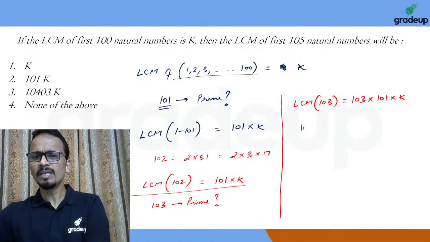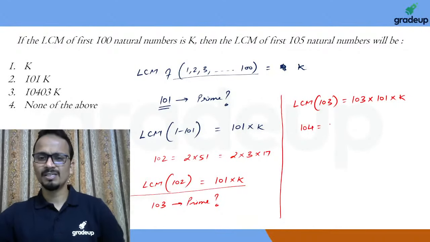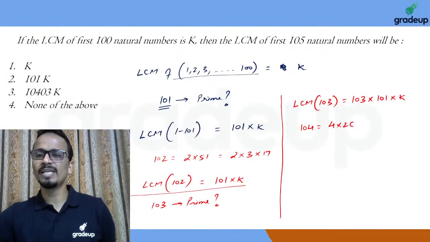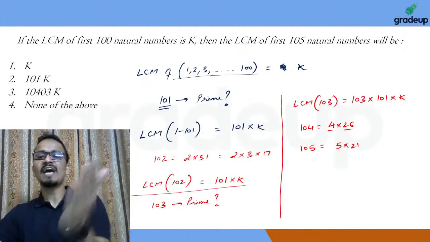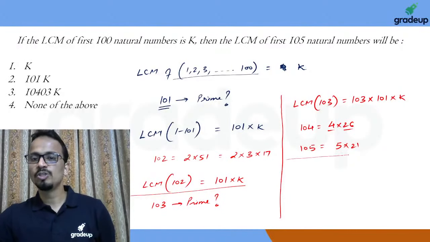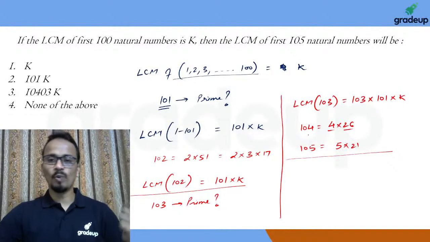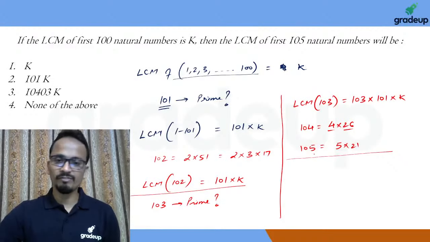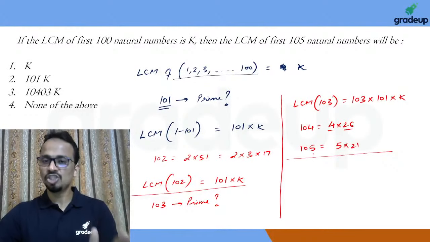Okay, now I'll consider 104. If I factorize this number, it is basically 4 into 26. 4 is present, 26 is also present. If I consider 105, this is 5 into 21. In the previous numbers, 5 and 21 are both already present. So if I include 104 and 105, they will not make any change as far as the LCM is concerned.